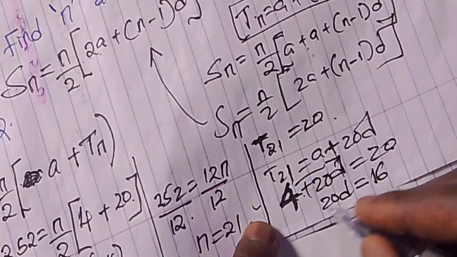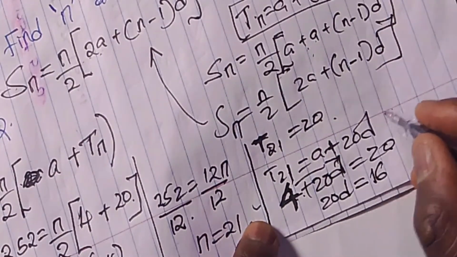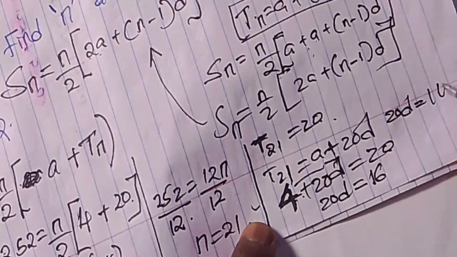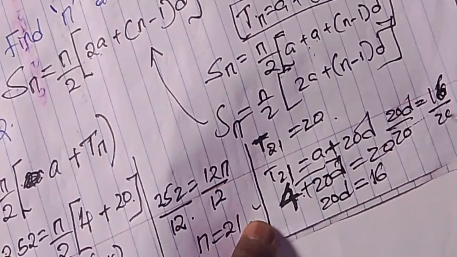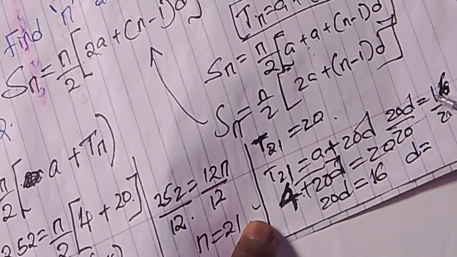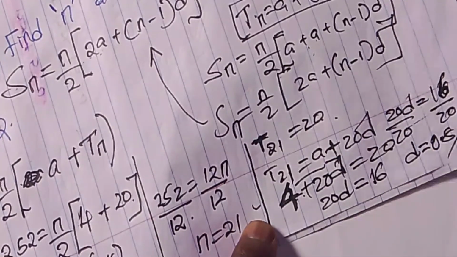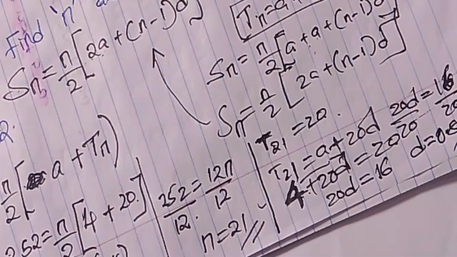So we divide both sides by 20: 20d is equal to 16, and d is 16 over 20, which is 4 over 5, which is 0.8. Our d will be equal to 0.8.